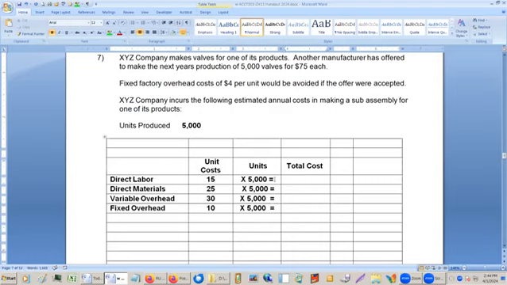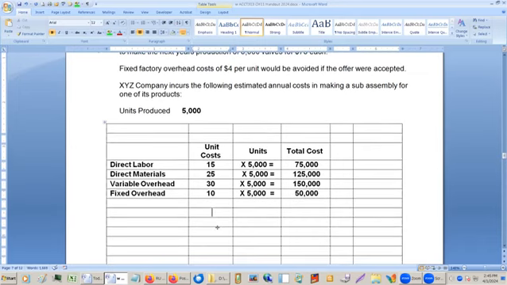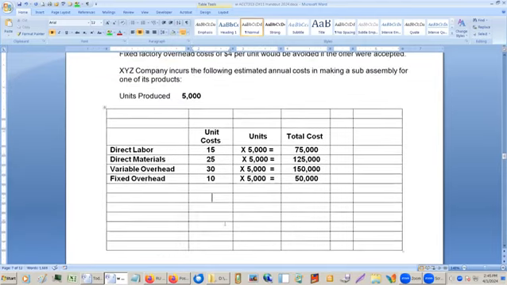All right. Okay. So this is our total cost here.